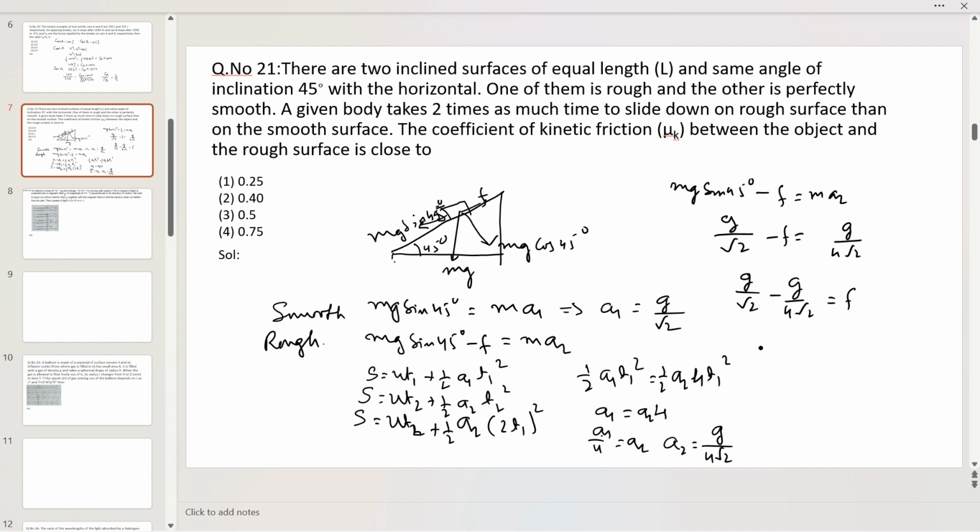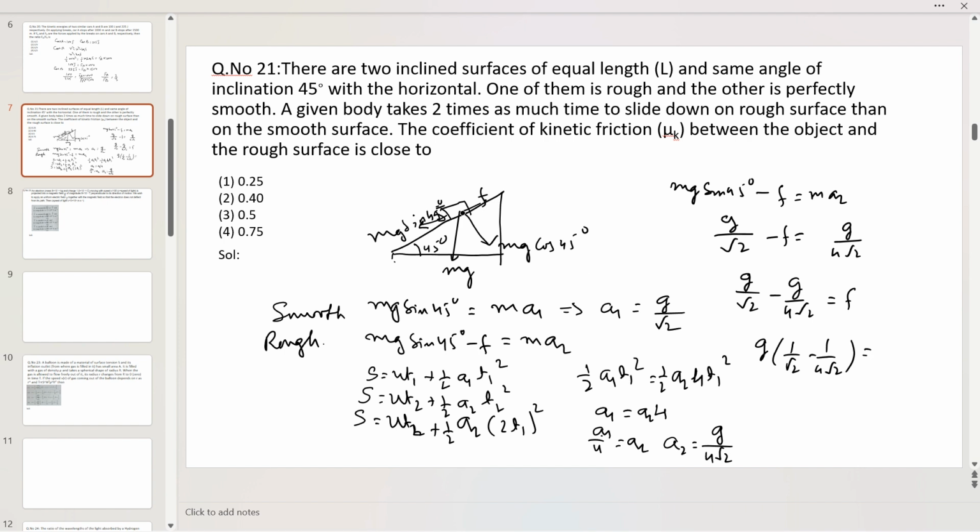Taking g common, 1 by root 2 minus 1 by 4 root 2 is equal to the frictional force, that is equal to mu k times the normal reaction.